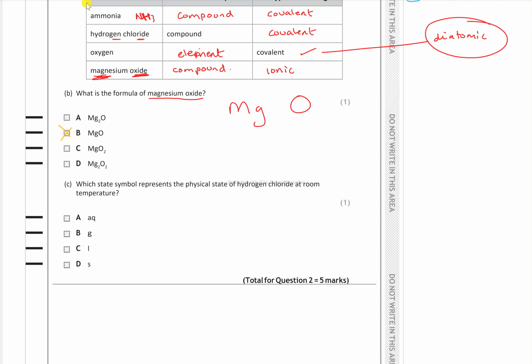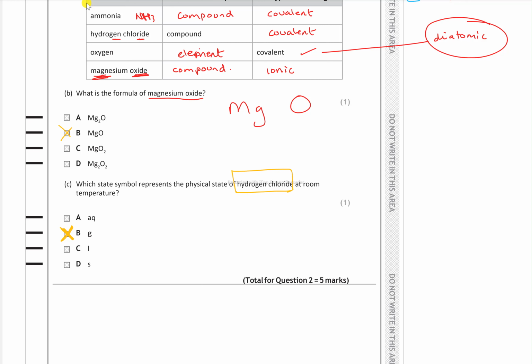Which state symbol represents the physical state of hydrogen chloride at room temperature? Hydrogen chloride at room temperature is a gas. I didn't know that, but it is a gas.